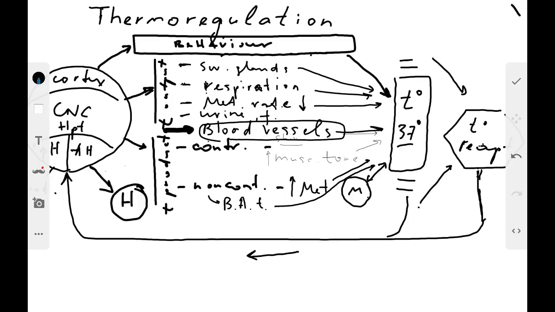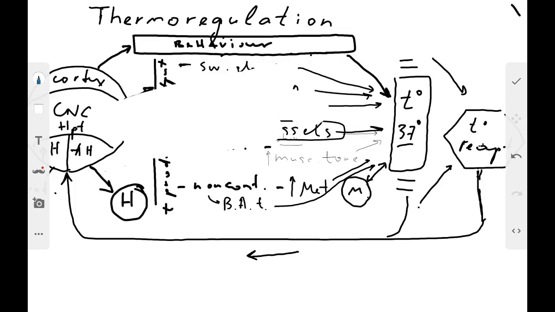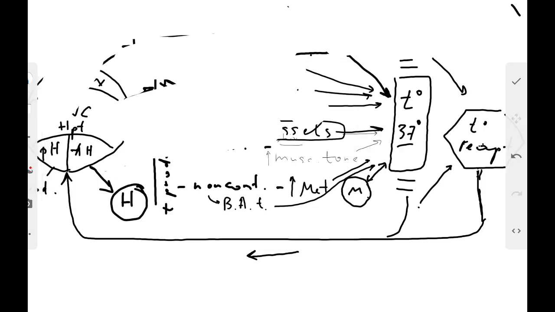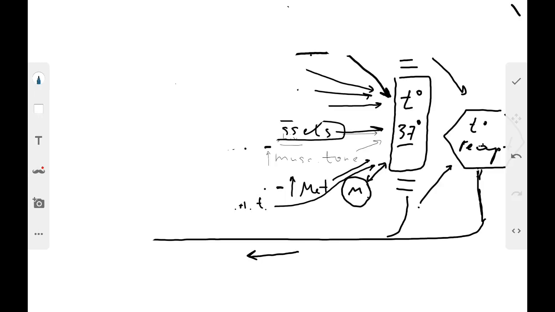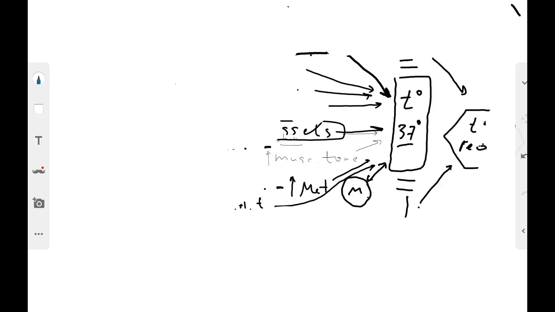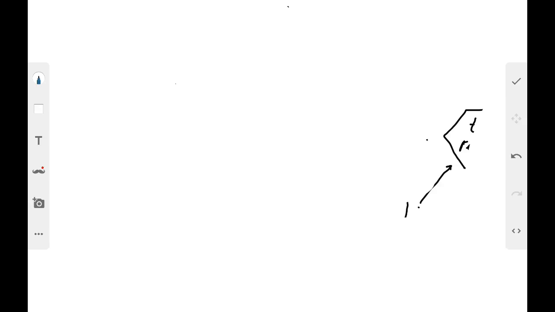So now we have observed the functional system responsible for the optimal temperature of the body, and now we will speak about some conditions and situations when the body temperature changes. It may decrease and it may also increase.